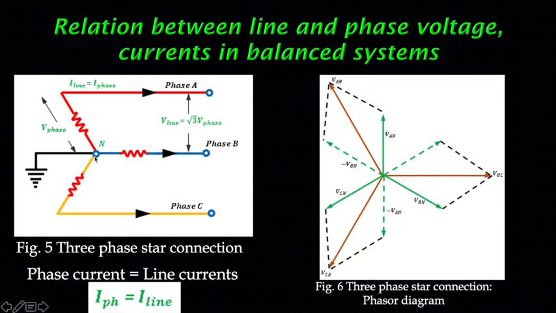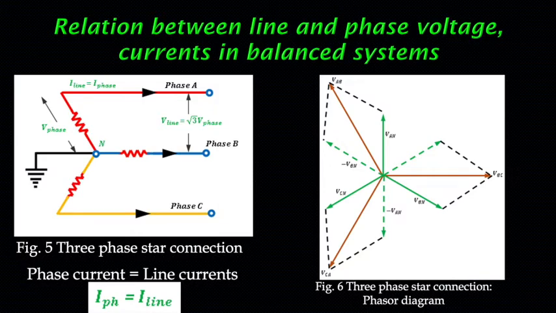represent the phase voltages, and IA, IB, IC represent the phase currents. The voltage available between any pair of terminals is called the line voltage. VAB, VBC, VCA are the line voltages. Here the magnitudes of all phase voltages are equal.